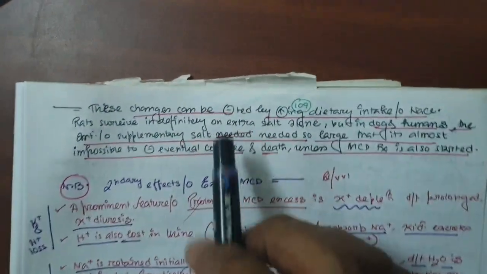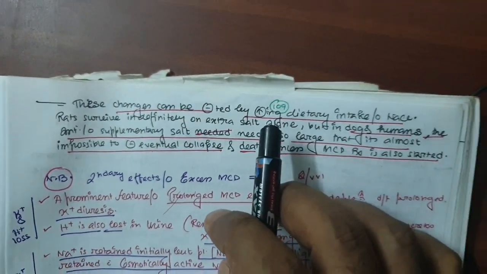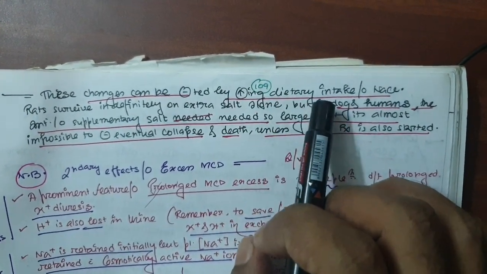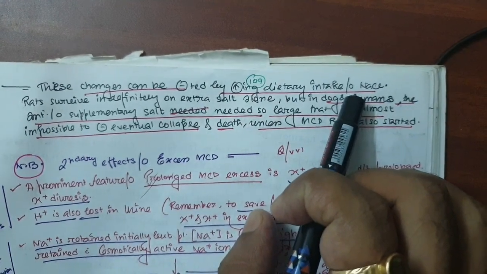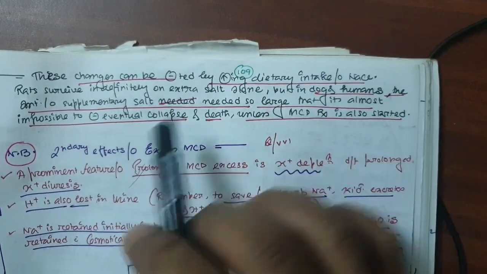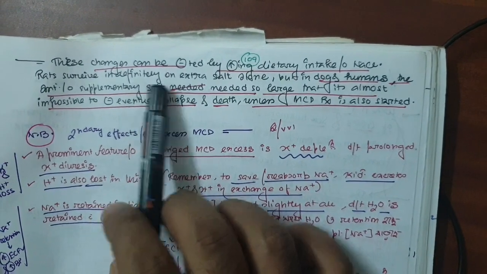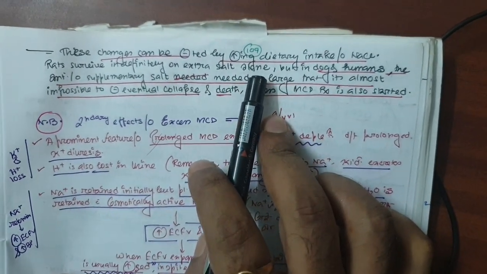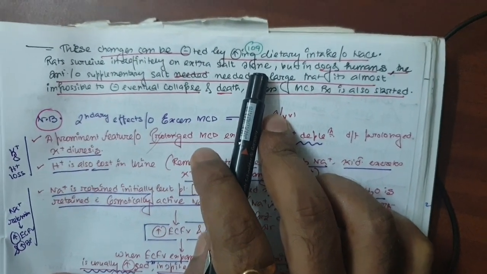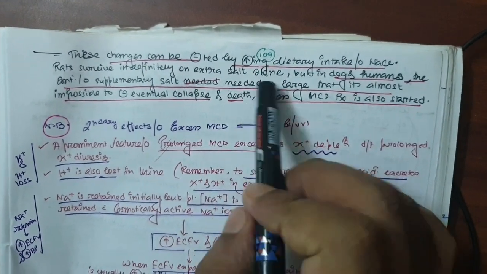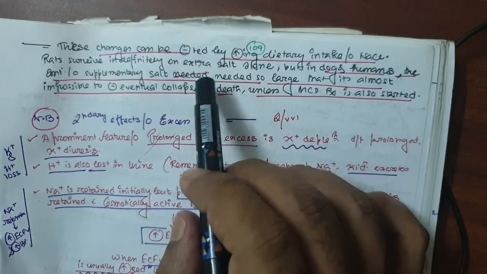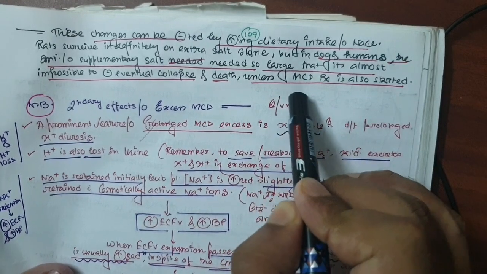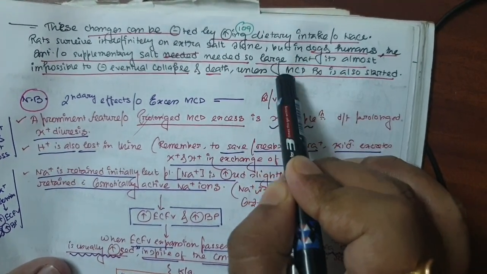Now the changes due to adrenal insufficiency can be reversed by increasing the dietary intake of sodium chloride. Rats can live indefinitely on the extra salt diet if adrenal insufficiency occurs in them, but remember, dogs or humans cannot survive on this extra salt diet alone unless mineralocorticoid treatment is started for them.